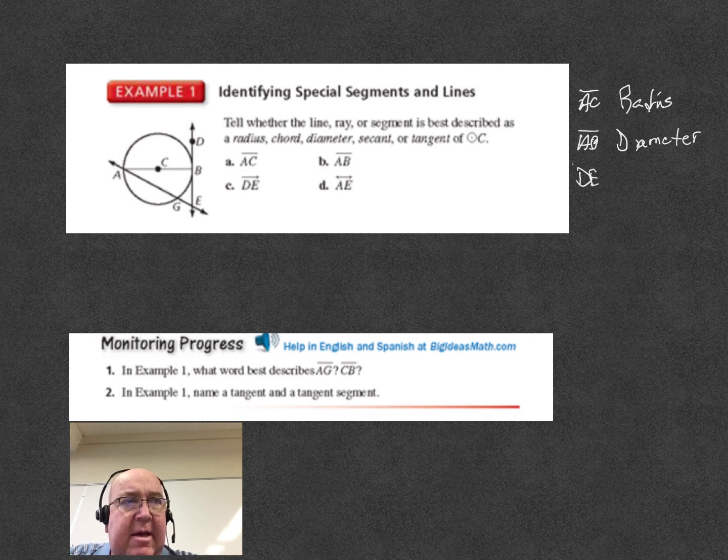DE is going to be tangent, and AE is going to be a secant.